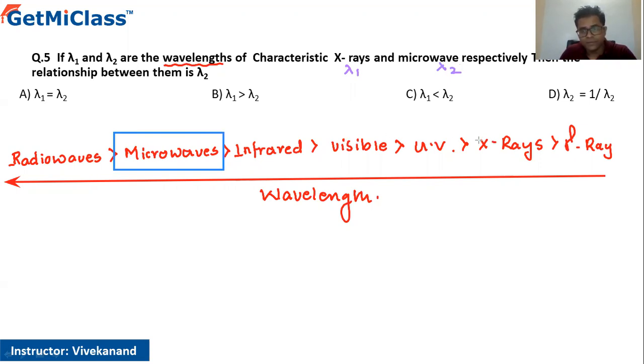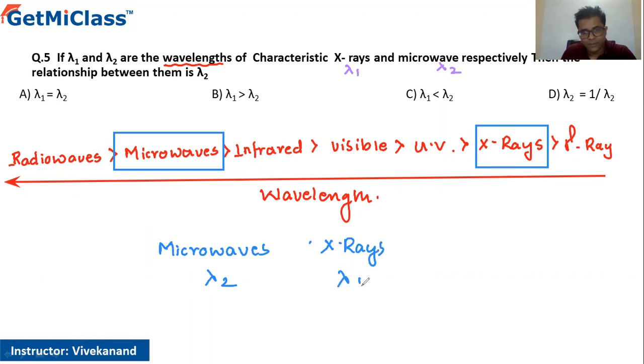And over here we have the X-rays. Now we need to understand that the microwaves are denoted by lambda 2, while the X-rays in this case are denoted by lambda 1. So eventually I would say that lambda 2 is greater than lambda 1.